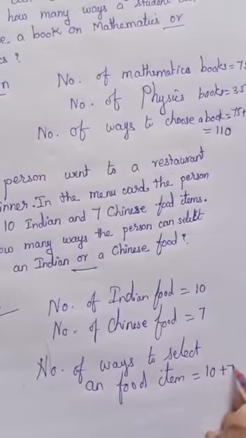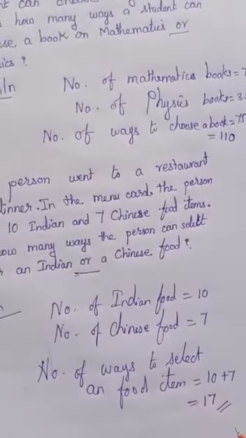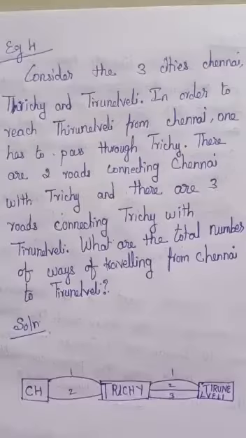It's just enough to add since the word or is given. So the number of ways is 17. See, till now we did the examples with sum rule. Now shall we move to the product rule?